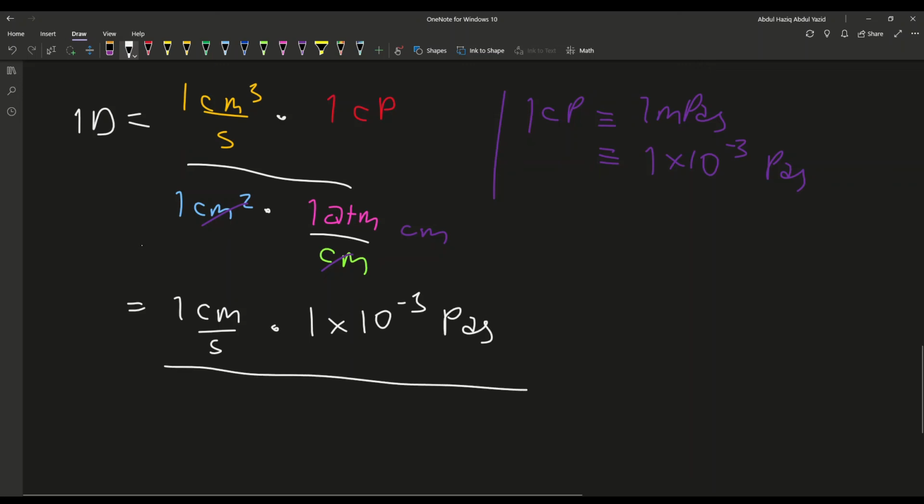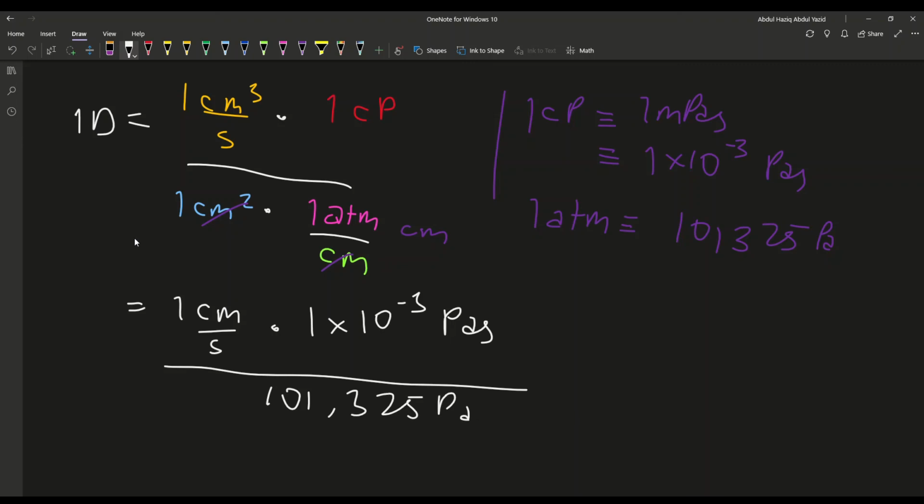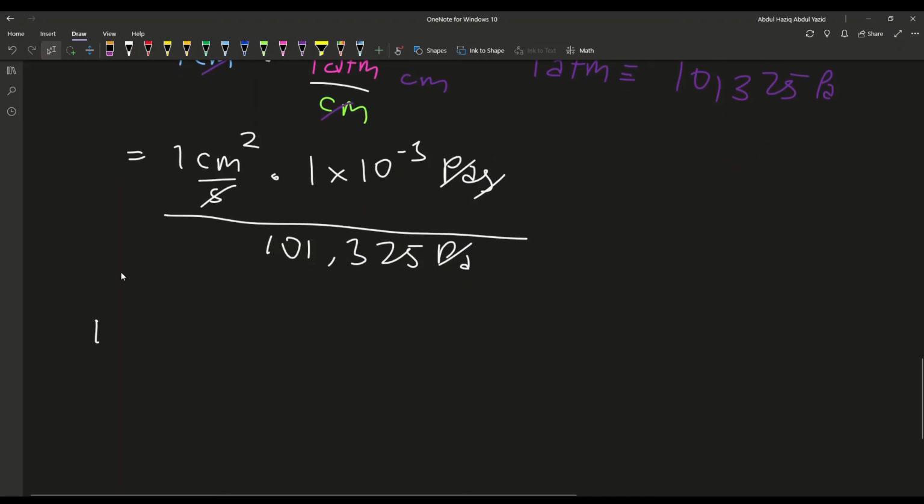So we know that 1 atmosphere is the same as 101,325 pascals. So we can just rewrite this as 101,325 pascals. So these seconds cancel out, these pascals cancel out.